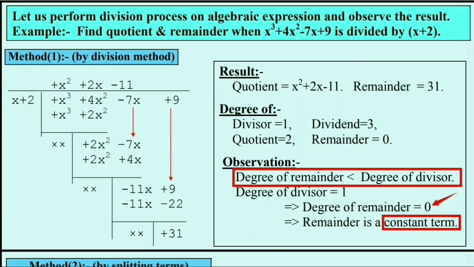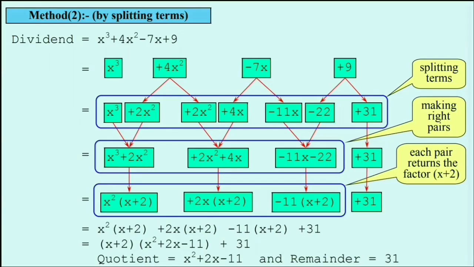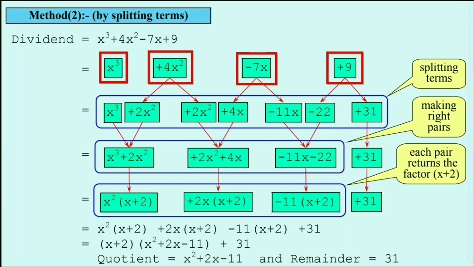Now let's observe the solution of the same question in a different way. Here the value of the dividend taken is same as above and the divisor too. Here the dividend is x cube plus 4x square minus 7x plus 9. Here we try to split all the terms of the dividend except the first one.